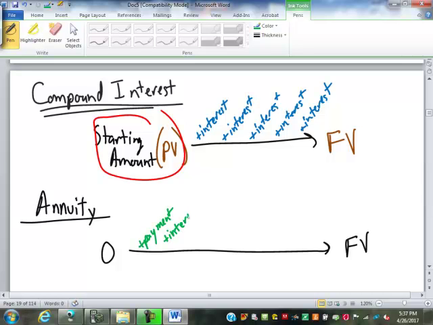And interest. And payments. And interest. And payments. At regular periods throughout the term of that investment.